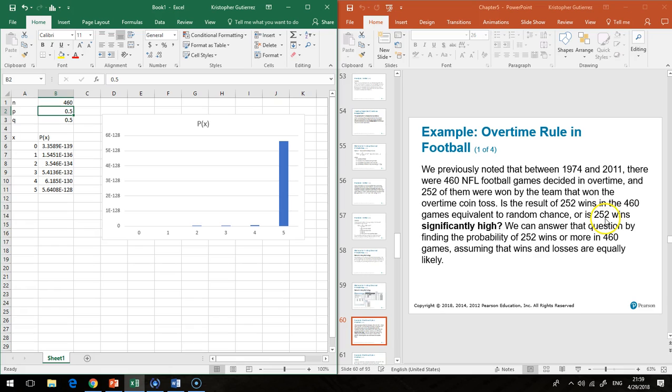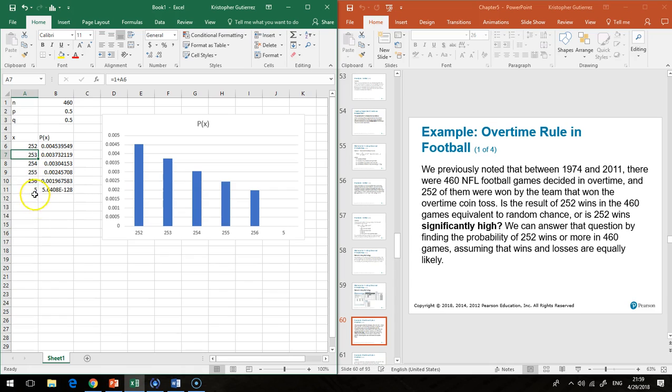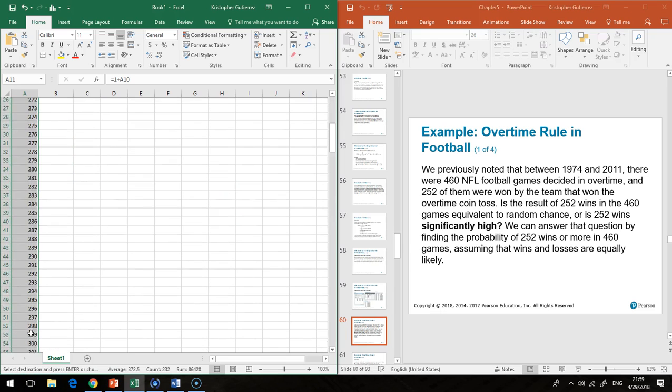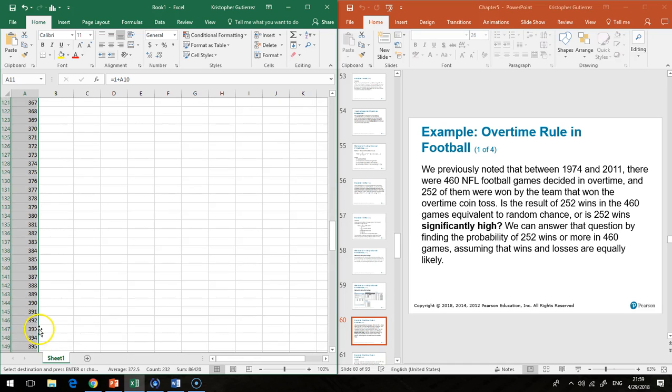We can answer this question by finding the probability of 252 wins or more in 460. So I'm going to start with 252. I'm going to copy this and paste it all the way down to 460. How about that?